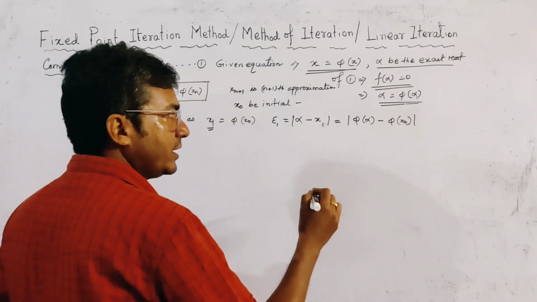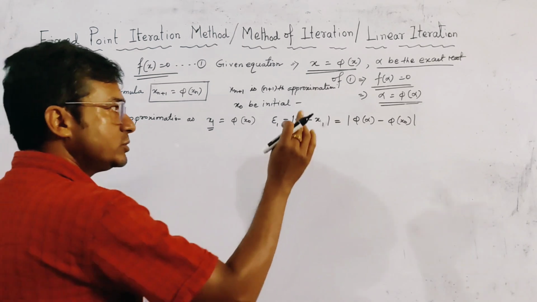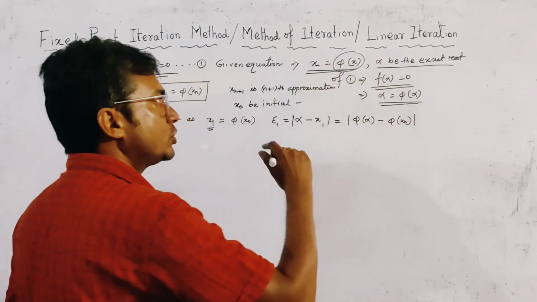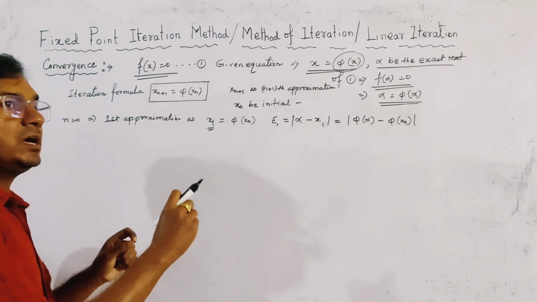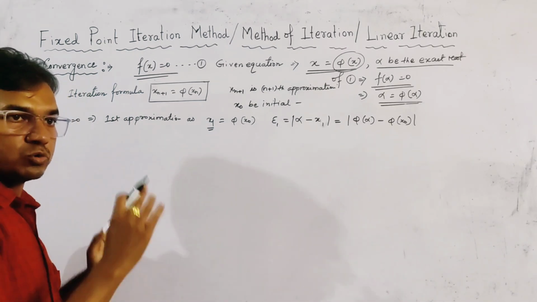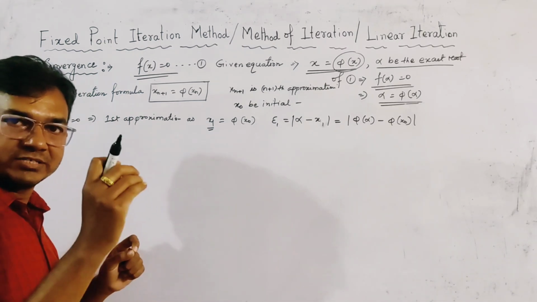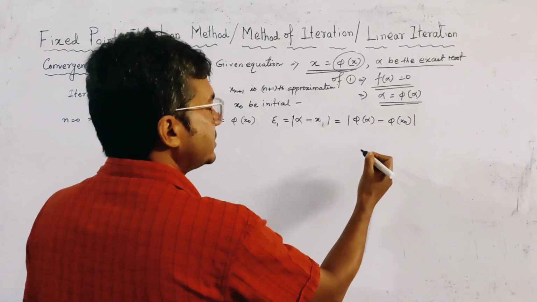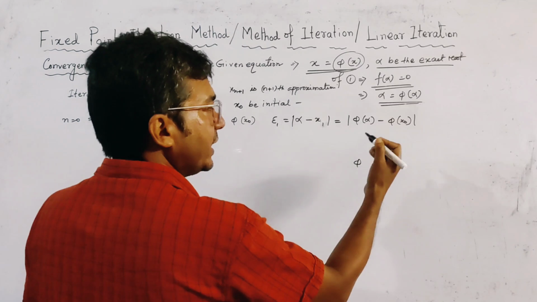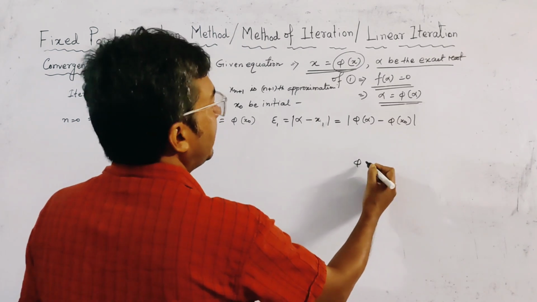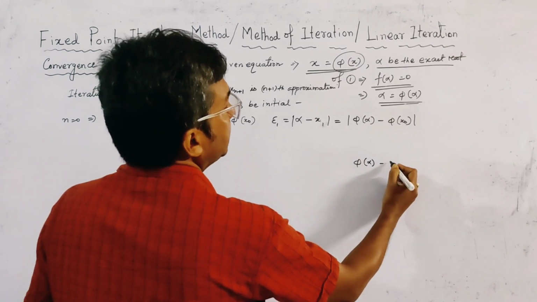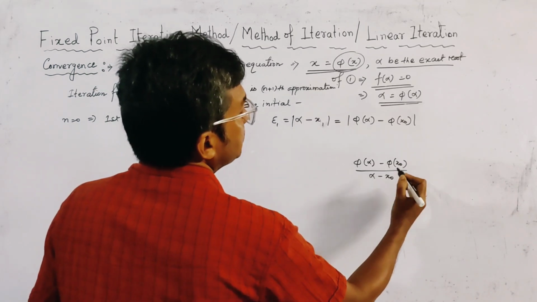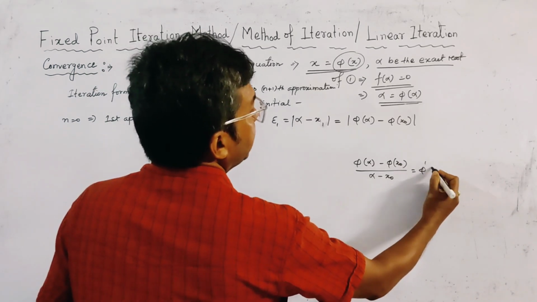By using the Lagrange mean value theorem, because we said already phi(x) is continuously differentiable in the neighborhood of the exact root, we get the formula phi(alpha) minus phi(x0) divided by alpha minus x0 equals phi dash of xi0.